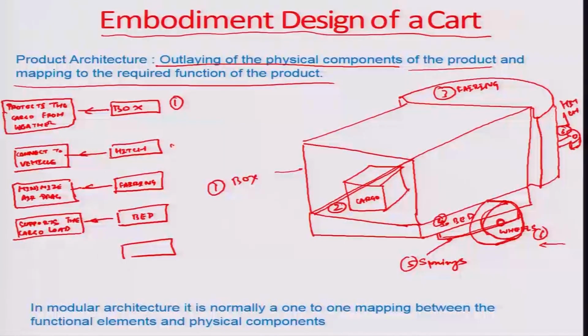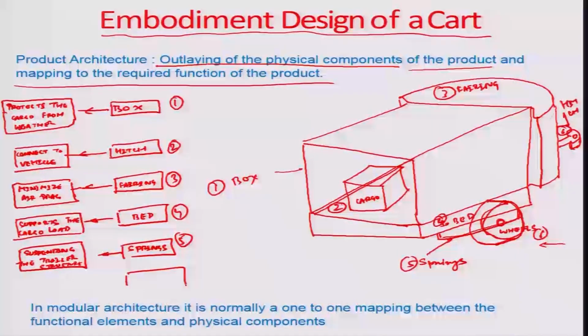So, you have these 5 components already built in. There are also springs, which would again have the role of suspending the trailer structure. Okay. So, you are suspending the trailer structure, and then finally, the wheels which are the load bearing members.